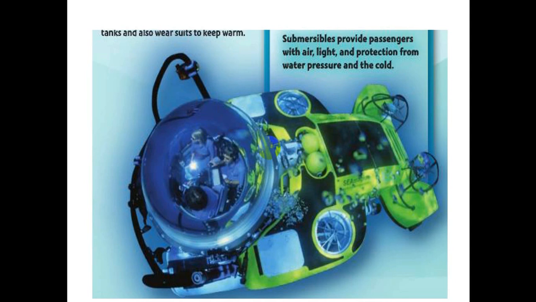If you have the book, please highlight this part, that the submersibles solved many problems, like giving air. They have special tanks to give oxygen to the people inside, and also light because they have lamps outside, and they protect the people from the high pressure of the water, and of course the cold temperature. They have heaters to adjust the temperature inside.